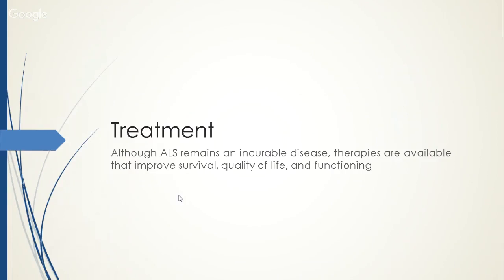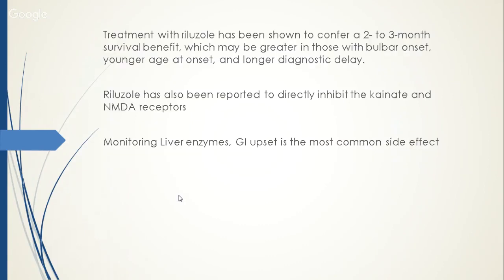So the treatment of ALS, of course, everyone knows this is not a curable disease. However, when we're looking at treatment, we're basically trying to improve the quality of life of these patients. The first medication we used was riluzole. Not really much of a survival benefit, 2 to 3 months, but given the very fast progression of the disease, that may matter for these patients.